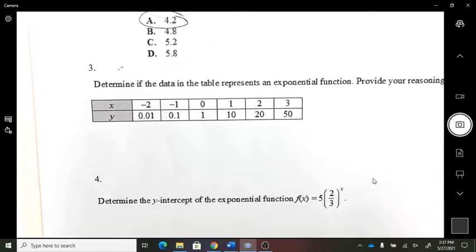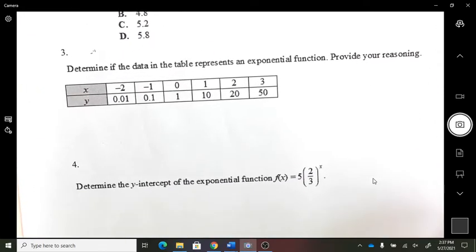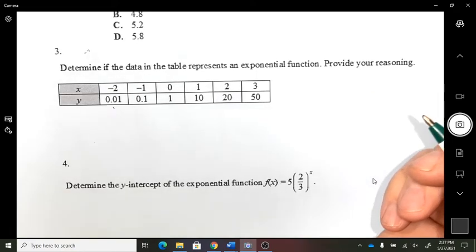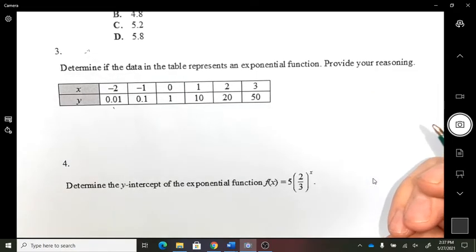Number 3. Determine if it represents exponential, so exponential here. Yes or no? How do you know if it's exponentially growing? If something's 2 today and then it's 4 tomorrow, what should it be the next day? 8.